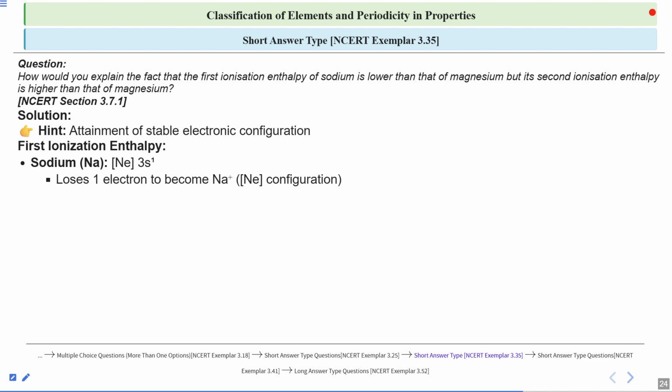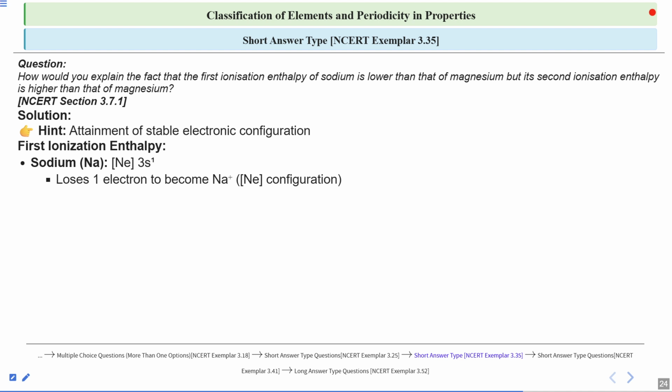Now students, when we say that it can easily lose 1 electron, it means we can remove the electron easily from sodium to make it sodium plus, or Na plus. And therefore the first ionization enthalpy is less. The energy is what we are supplying to remove the electron.